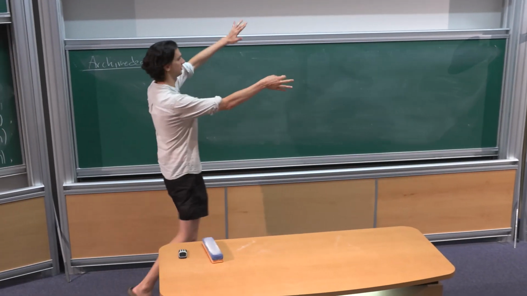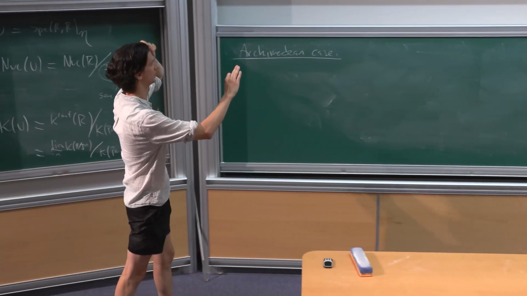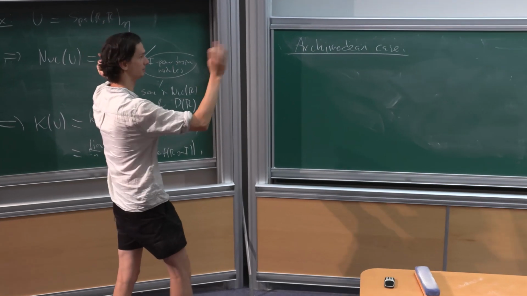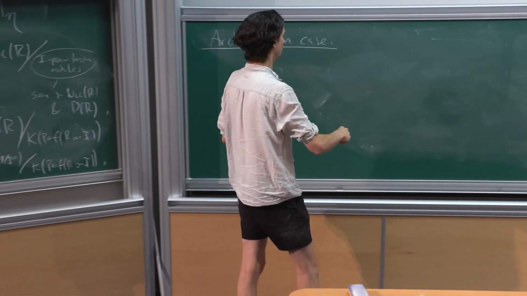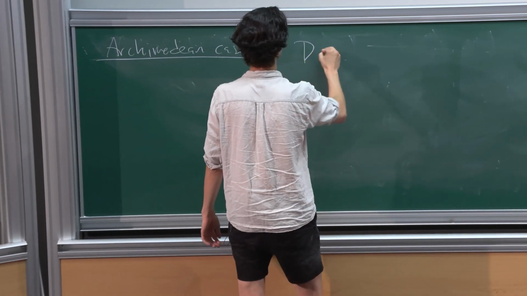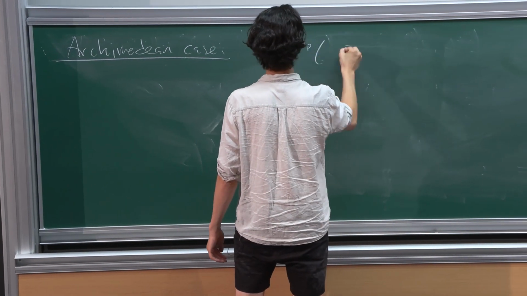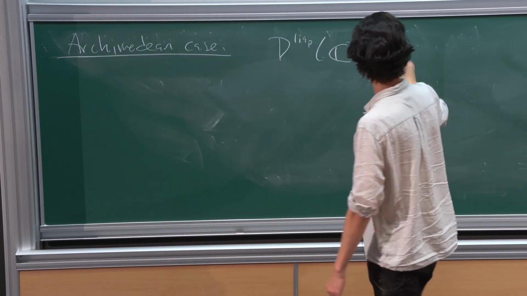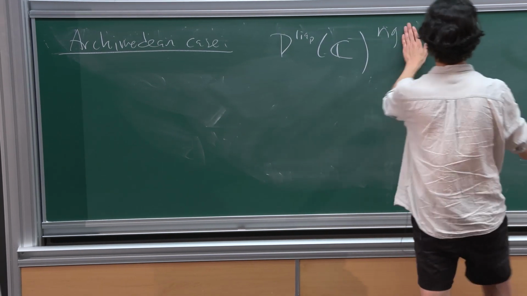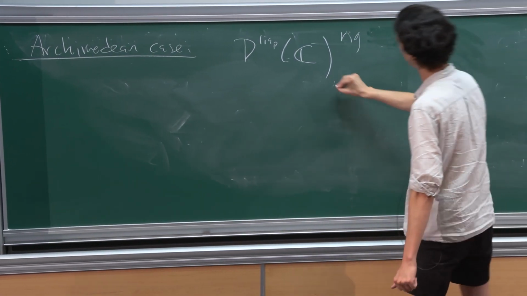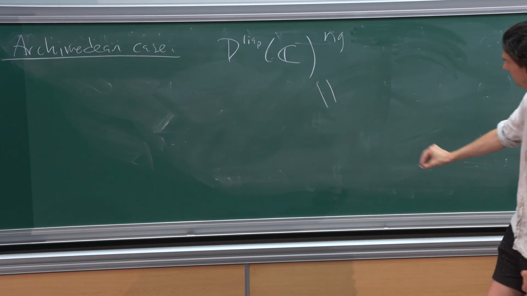There I took some solid theory and I applied this rigidification and I got a nice rigid category, in particular dualizable. Well, we also have this D liquid P over the complex numbers, and we can also take the rigidification of that. And again, it's something we actually saw before, very briefly.